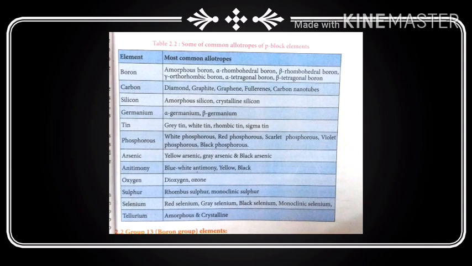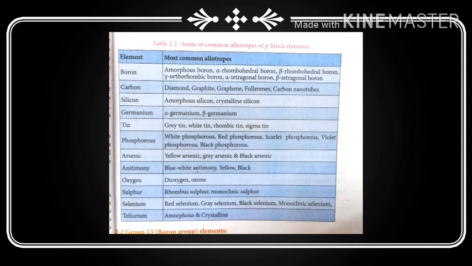Here, for p block elements, the most common allotropes are given in the picture: boron, carbon, silicon, germanium, tin, phosphorus, arsenic, antimony, oxygen, sulfur, selenium and tellurium.